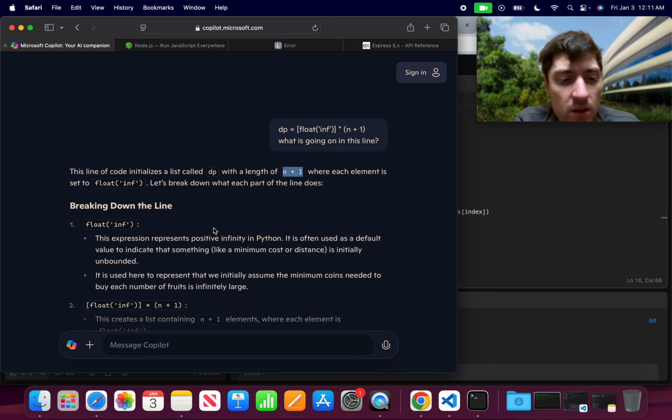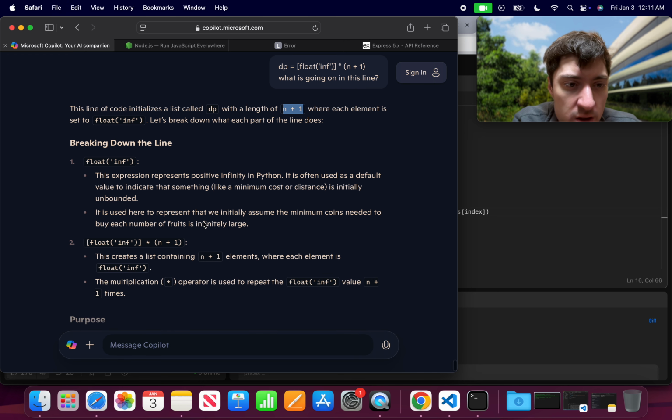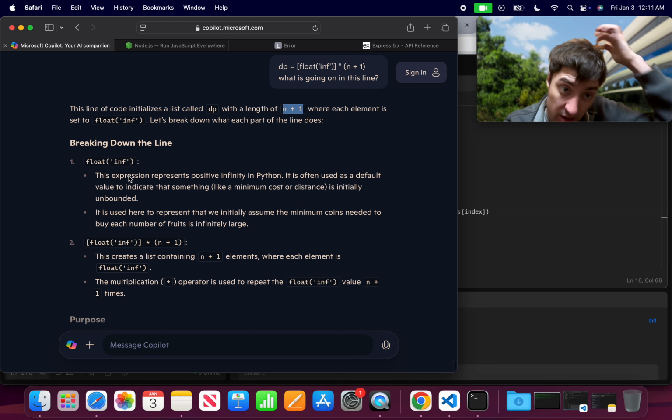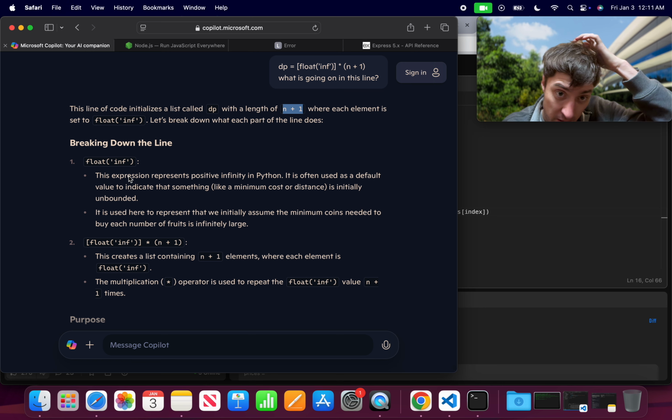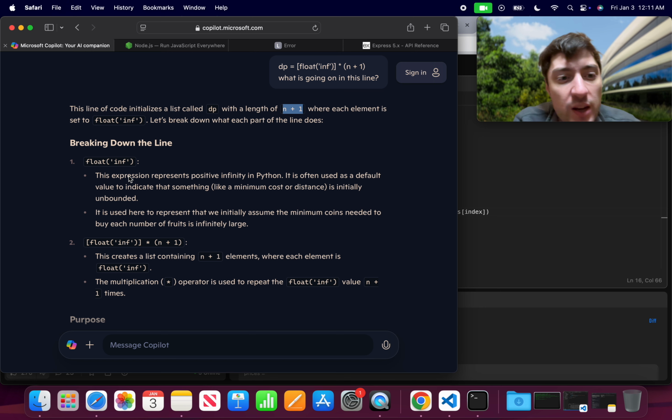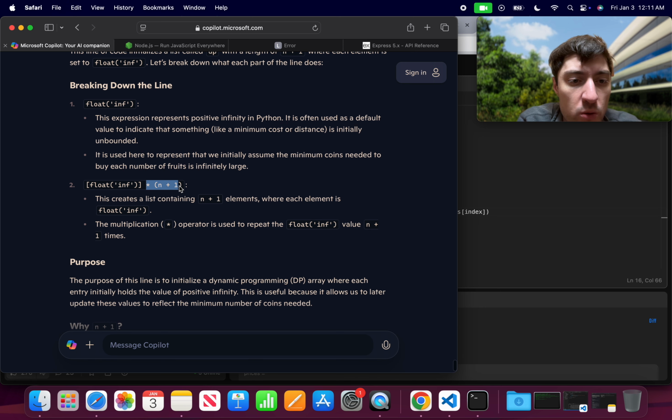But okay. So the expression float infinity represents positive infinity in Python. It is often used as a default value. Yeah, okay, it's just infinity. This is what we're more interested in: this creates a list containing n plus 1 elements.